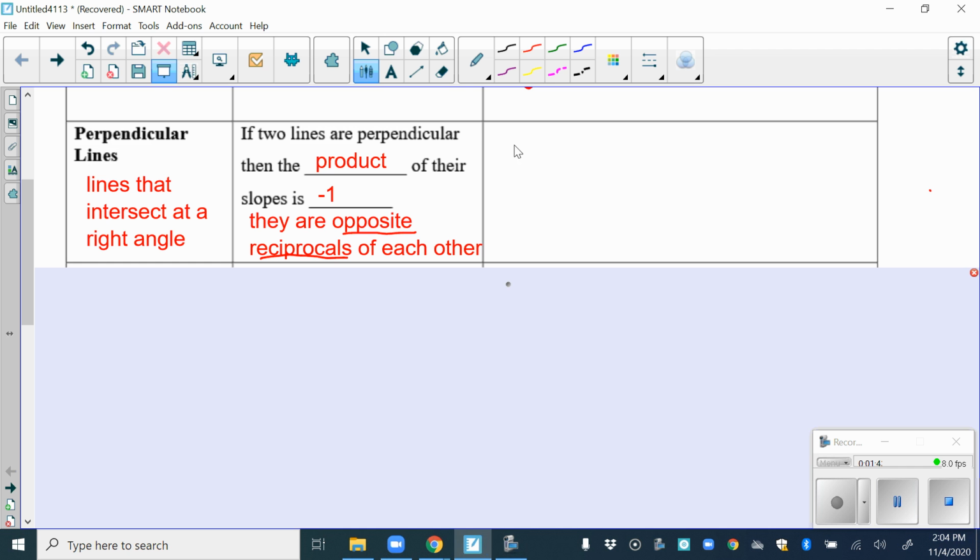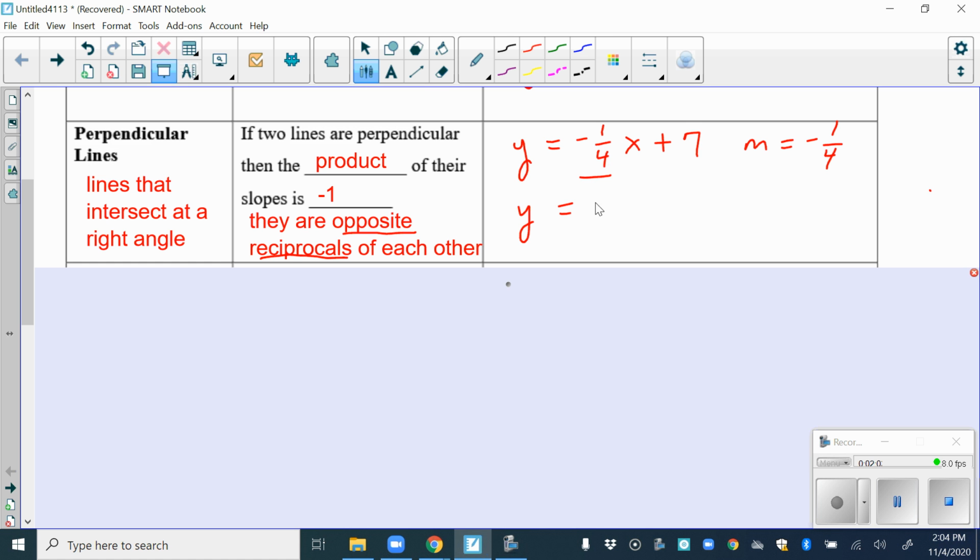So let's see some examples. If you have y equals -1/4 x plus 7, the slope of that line would be -1/4. The line perpendicular to it will have a positive slope.